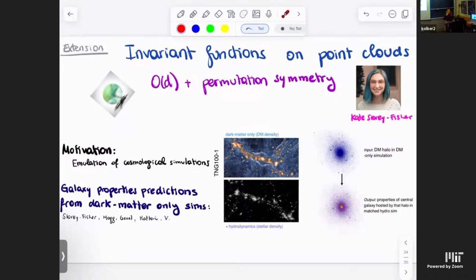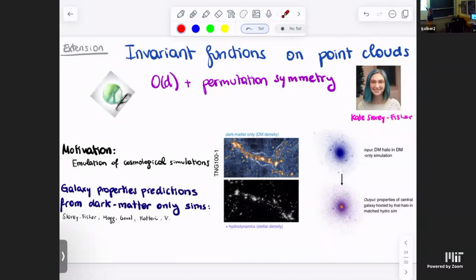Basically she wanted to do some inference in point clouds that come from cosmology. So she considered a dark matter only simulation and point clouds that come from it, and more expensive hydrodynamic simulations and point clouds that come from them.